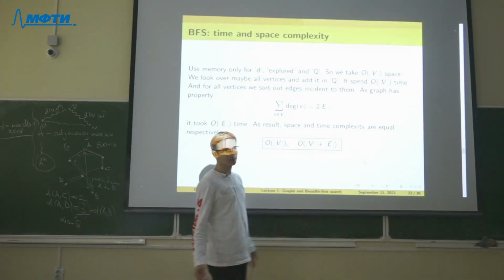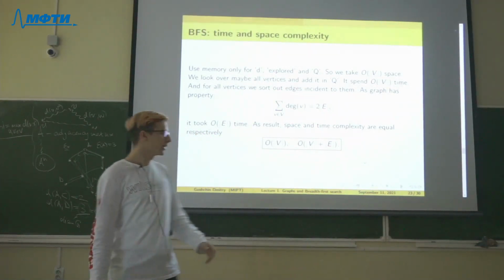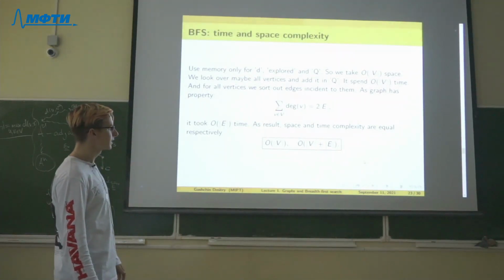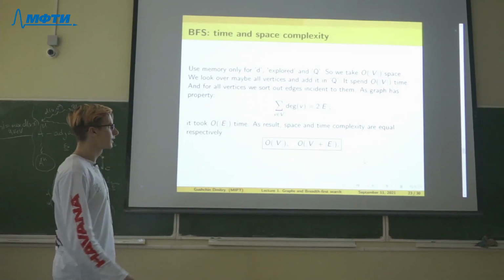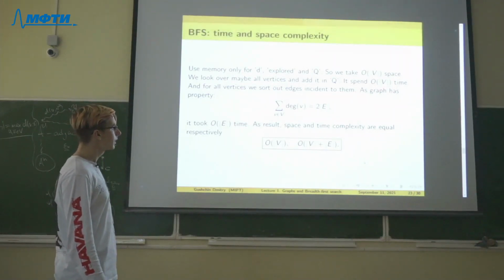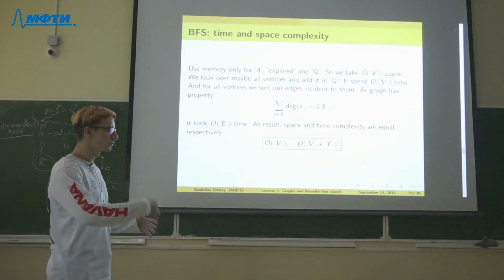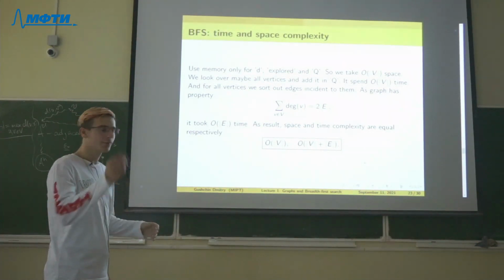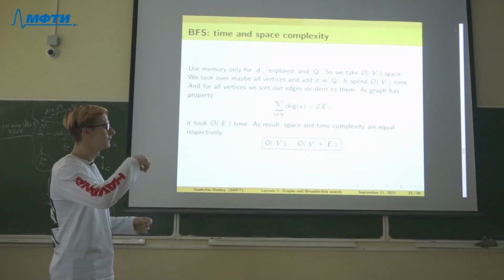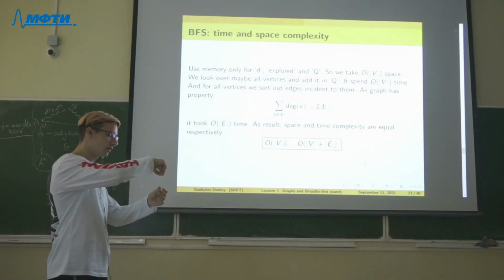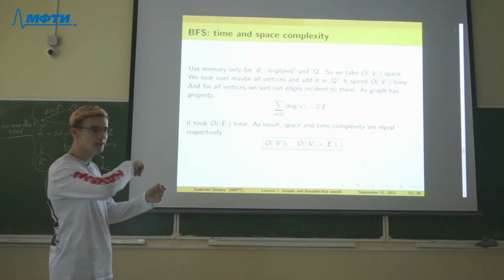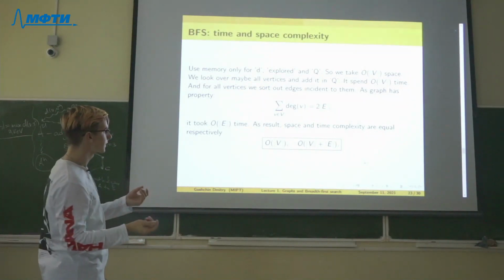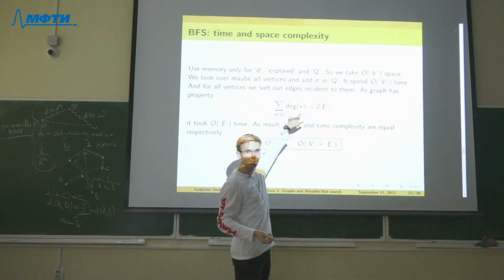But we don't know anything about the graph, and in the worst case, we spend big-O of the number of vertices time to count all of them in Q. And for all of them, we need to count every adjacent vertex, and the number of adjacent vertices is equal to the degree of the vertex by definition.